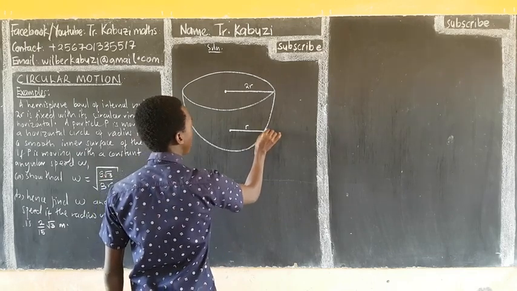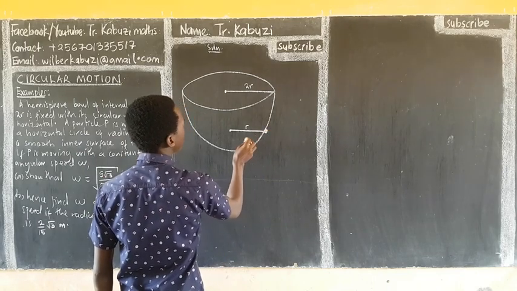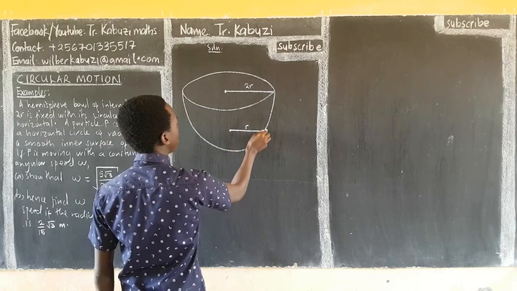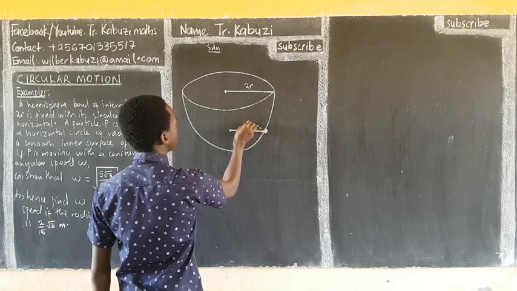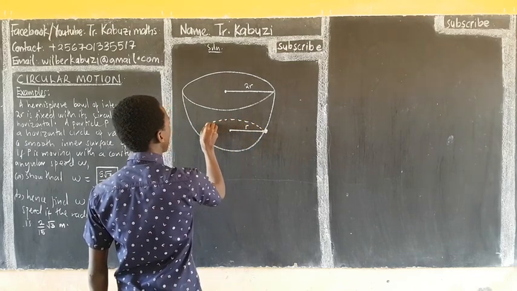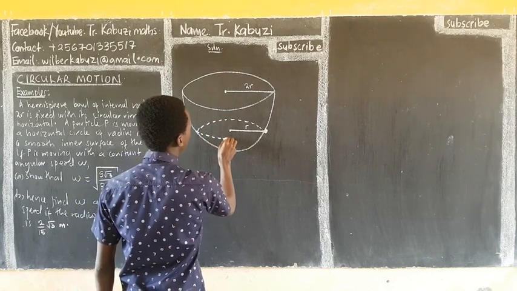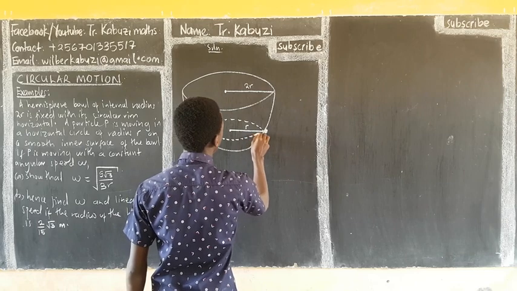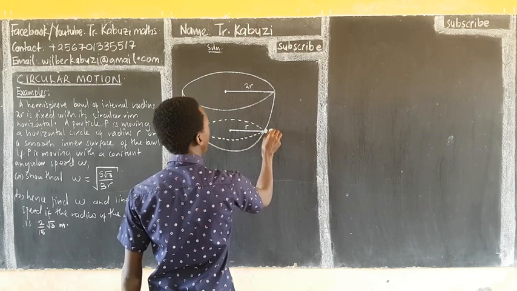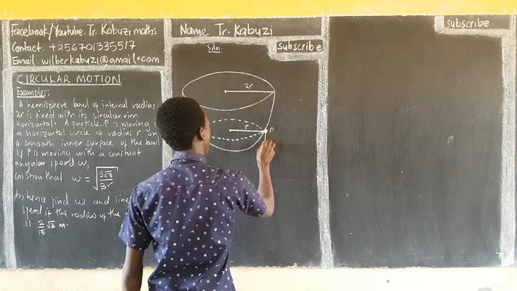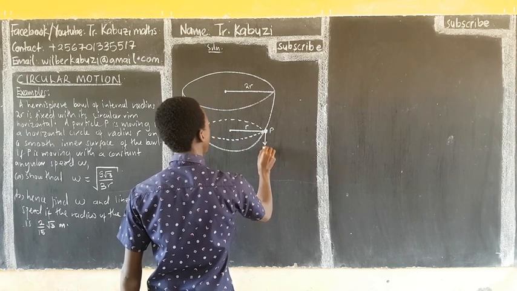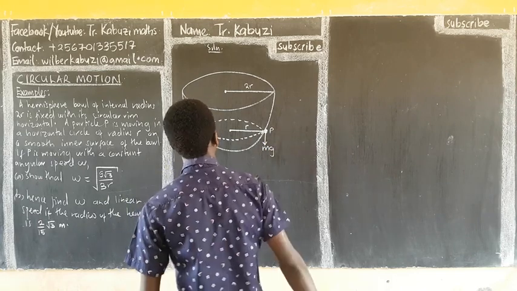So we have a particle P here of a mass we don't know. It is moving in a circular path like that. That's the way that particle is moving. So this is our particle P. Of course, it's going to have a mass, its weight acting downward.